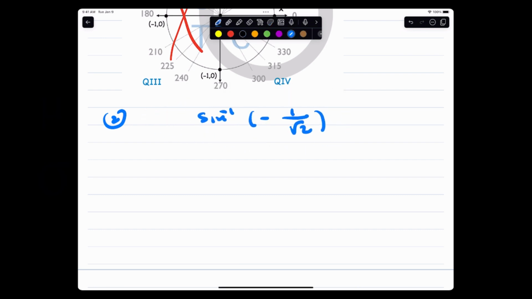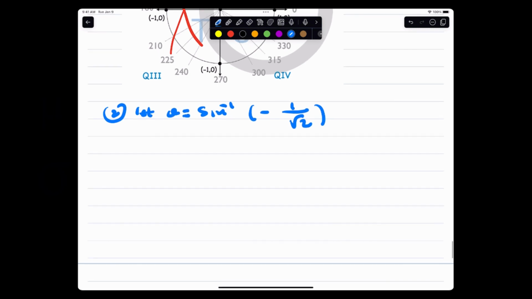You're going to let your theta be the inverse sine, and then the definition of inverse sine means sine theta becomes what?